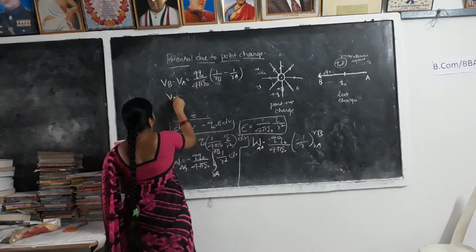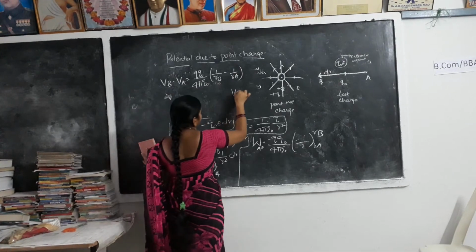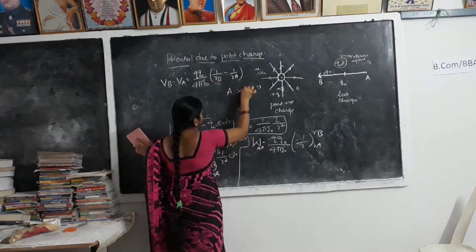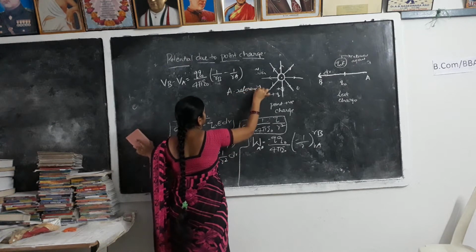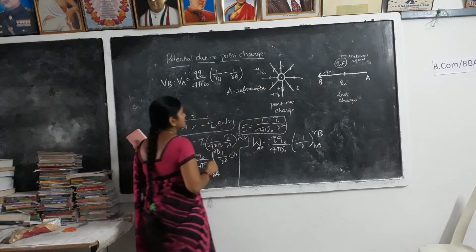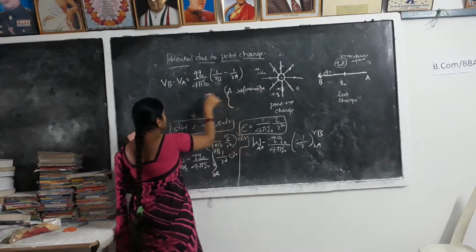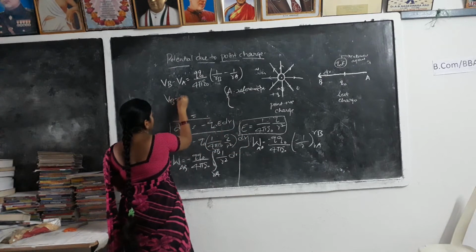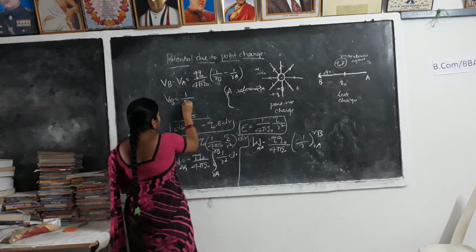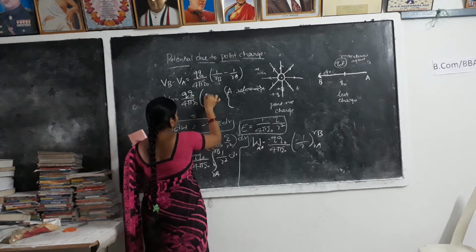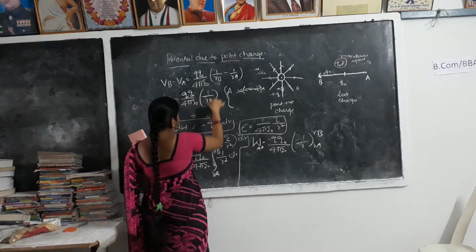So here we consider VA, that point A is the reference point. That means it is at infinity, then it equals 0. Then VB equals 1 by 4 pi epsilon Q by RB.